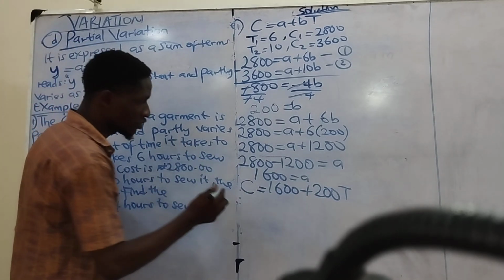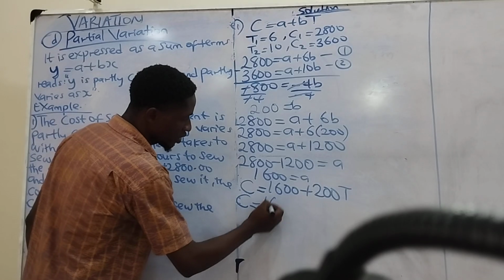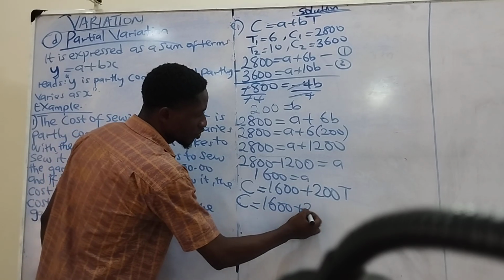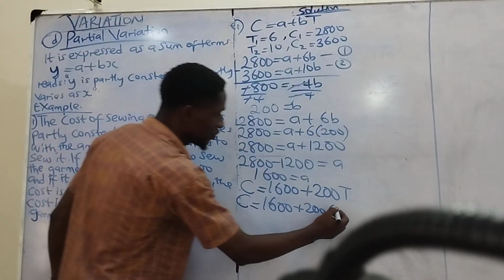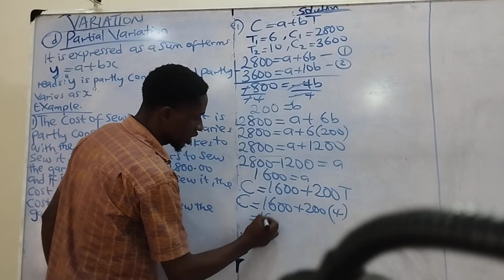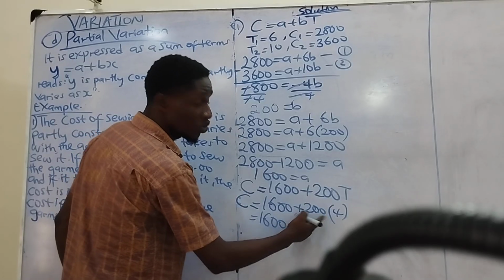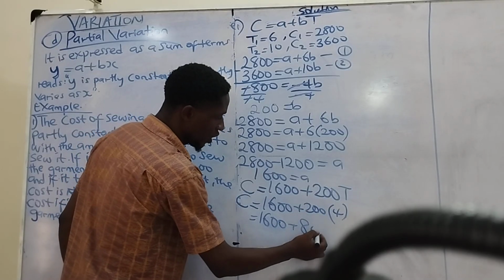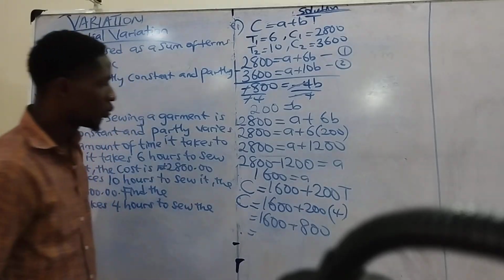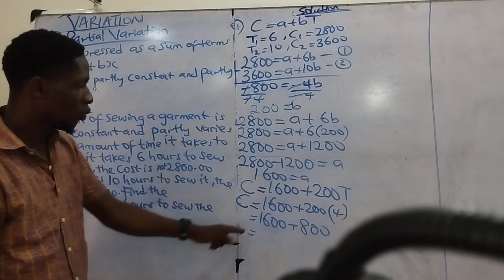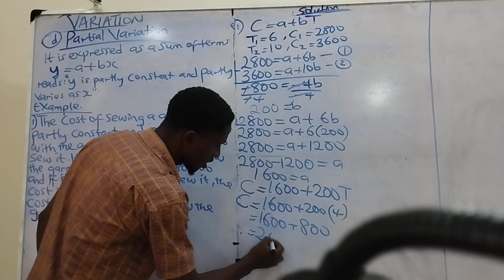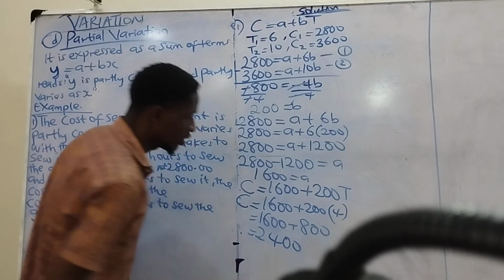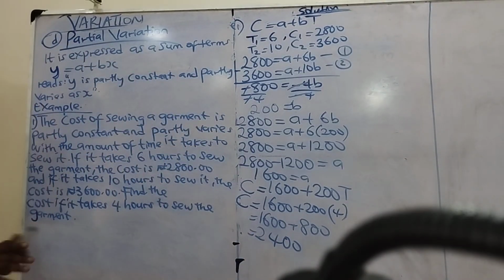So C is equal to 1,600 plus 200 bracket our T is 4, which is 1,600 plus 200 times 4, which is 800. 1,600 plus 800 should give you 2,400, and that is the answer.